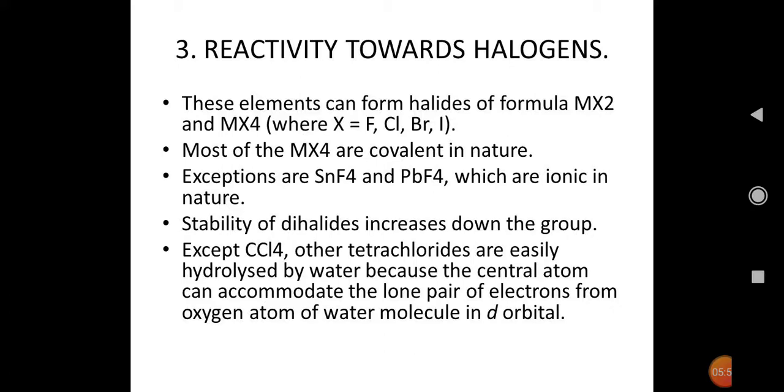In addition to carbon, all the remaining elements react with halogens. All the halides are covalent compounds which exhibit sp3 hybridization, that is, tetrahedral in shape. This is the reactivity towards halogens.